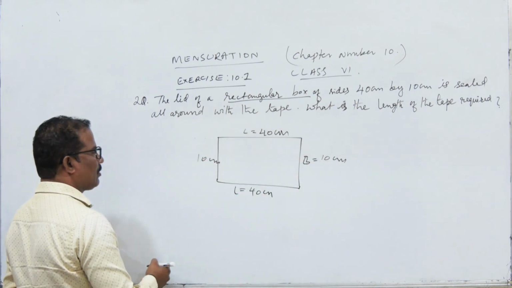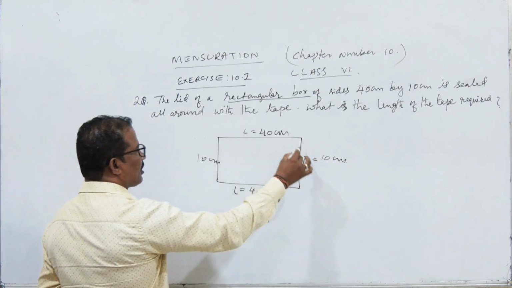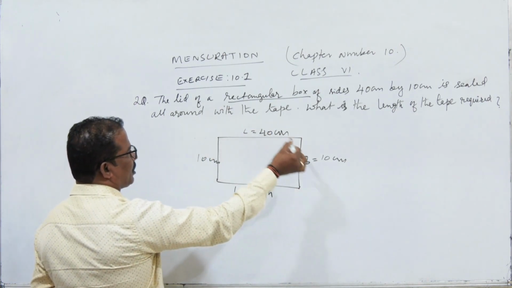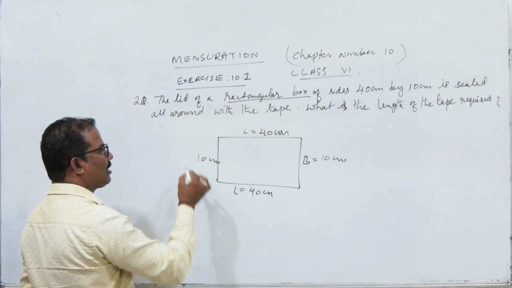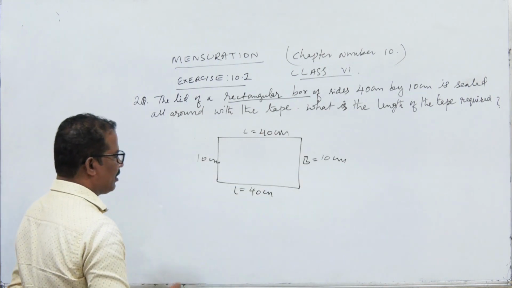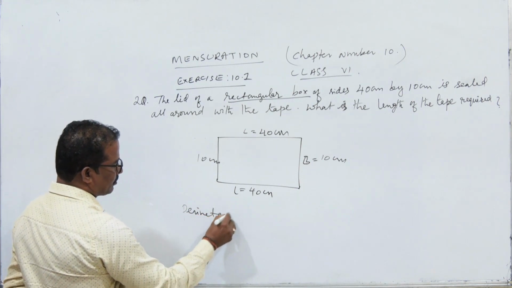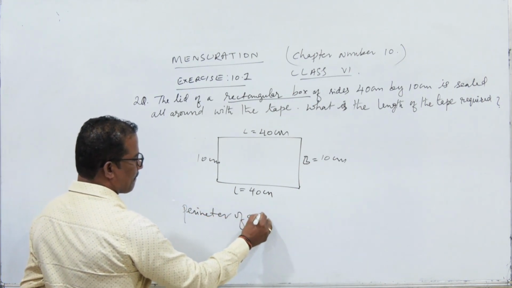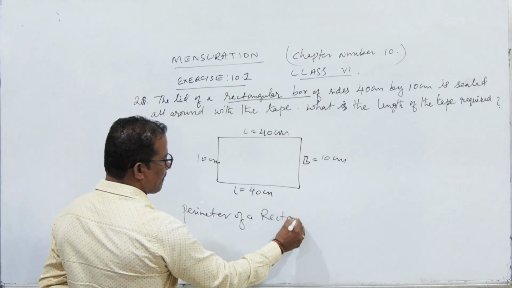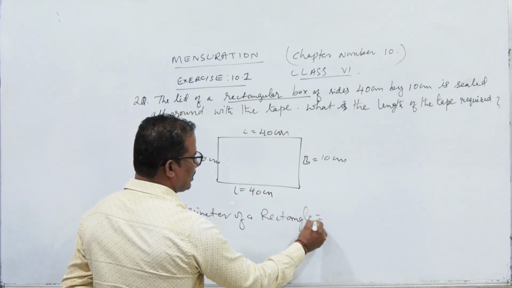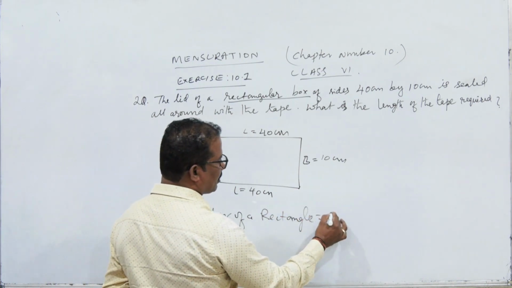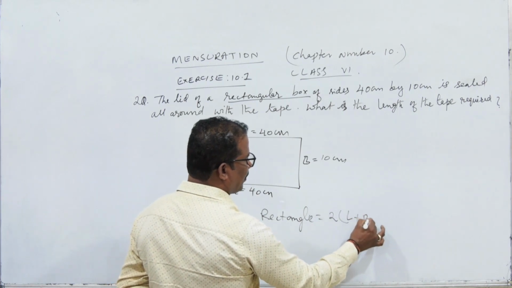So for that we have two methods. One method is total sum. We can add 40 plus 10 plus 40 plus 10 like that, or you can go with the formula method. So formula method is what? Perimeter of a rectangle is equal to 2 into (length plus breadth).